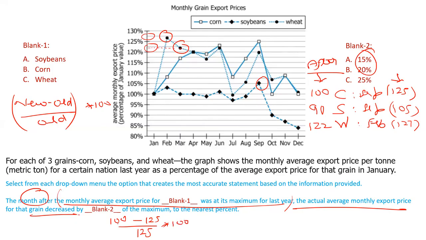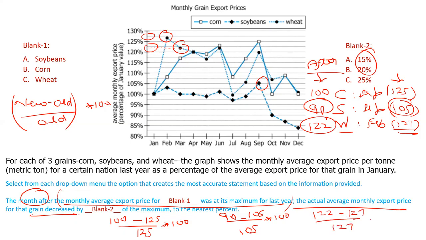Similarly, how much was the percentage change in soya bean? Again, new minus old divided by old into 100. And finally, how about wheat? New minus old divided by old into 100.